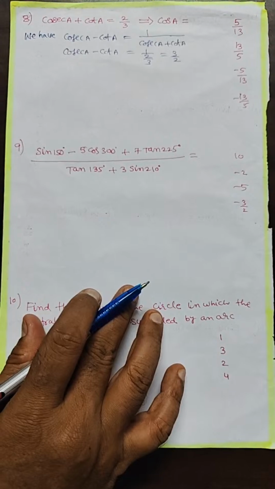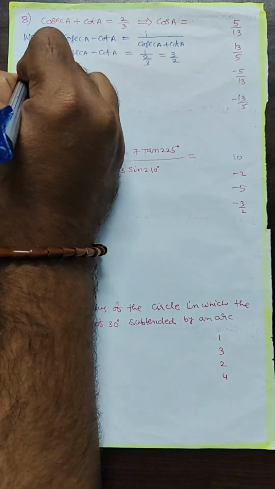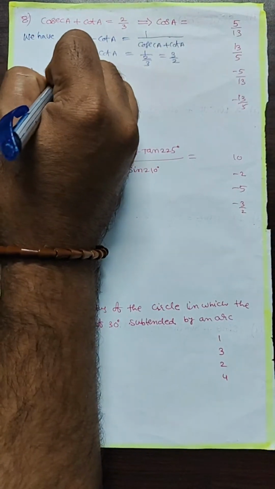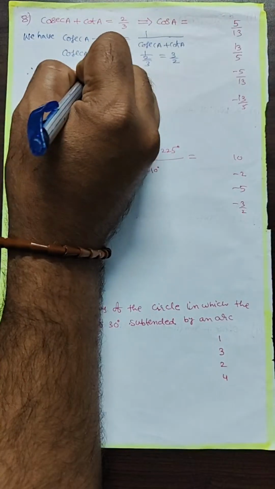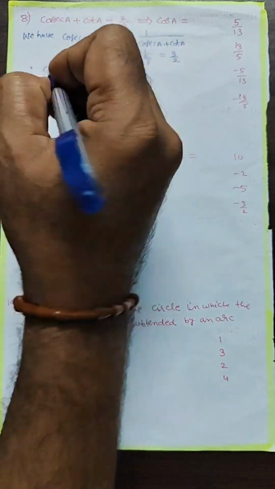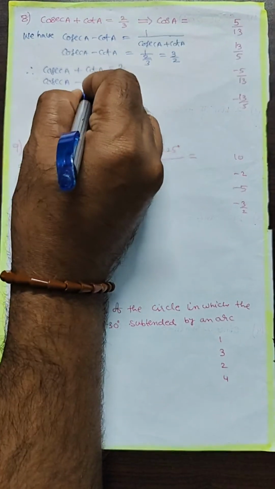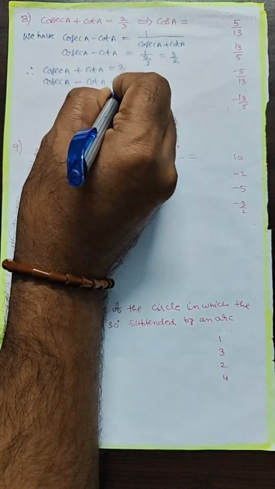So after that we have two equations. This equation and this equation we are going to solve. So therefore cosecant A plus cot A is equal to 2 by 3. Next, cosecant A minus cot A is equal to 3 by 2.